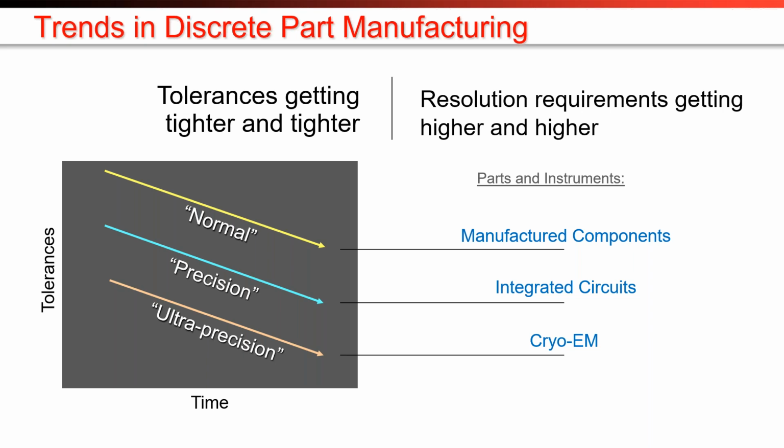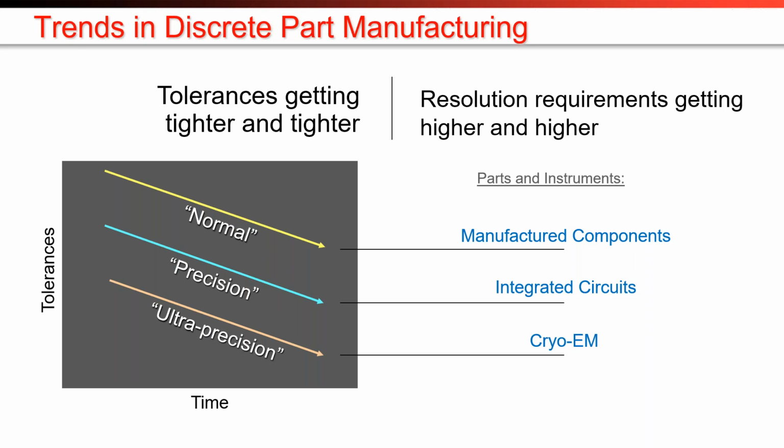So a good example of this that people in the semiconductor industry are very familiar with is called Moore's Law. Moore's Law goes back to the 1960s, stated by Gordon Moore, the co-founder of Intel. And he stated that every 2 years, the number of transistors you can pack on an integrated circuit doubles. And this just keeps marching along.